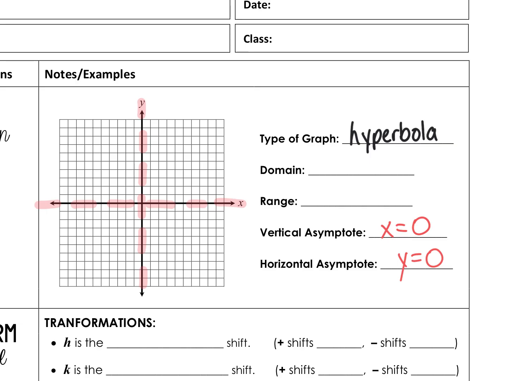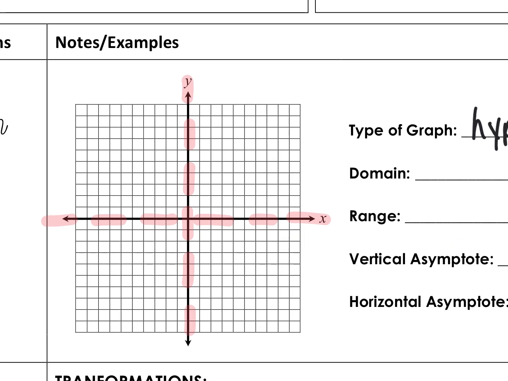Now we want to draw this in. Just like anything we graph, we want some real points on this. So give me some points that are on this graph. Go to Desmos and click with your finger and find some points. What do we got? You could just tap it and it gives you the point.